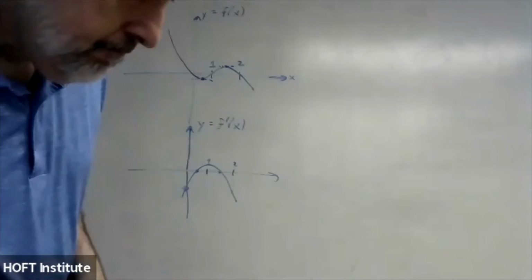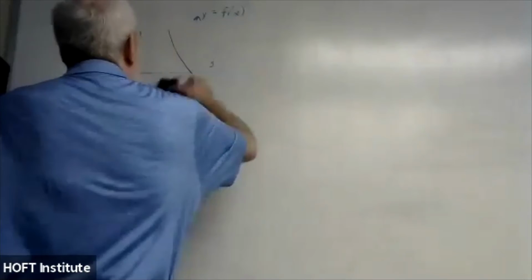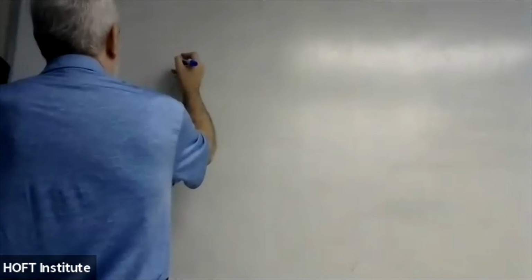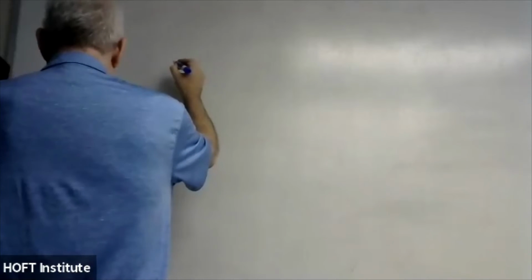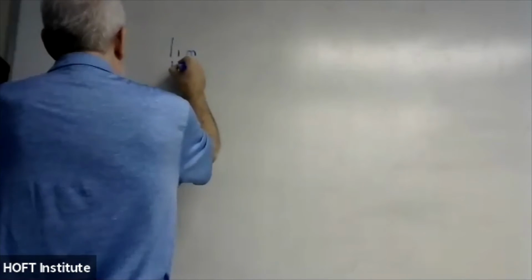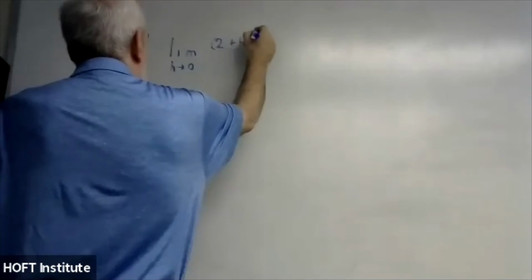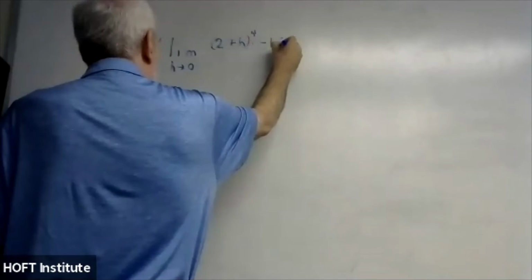Okay. Next example. This is one I've seen in various years at homeworks at UT. So they give us an expression like this: the limit as h approaches 0 of (2 plus h) to the fourth minus 16 over h.